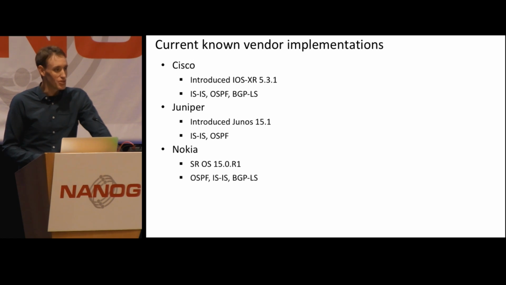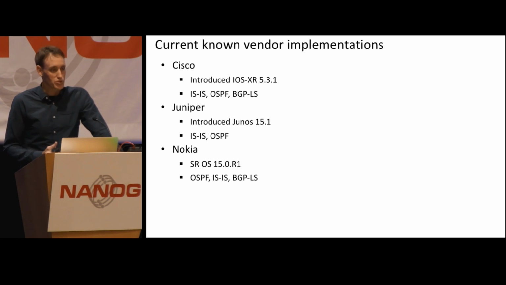This gives a list of the current known vendor implementations, and if anybody else knows of other ones, or even open source ones, let me know. All the major hardware vendors have implemented this. Cisco's had it for quite some time, and the second bullet point is how they acquire IGP topology information.